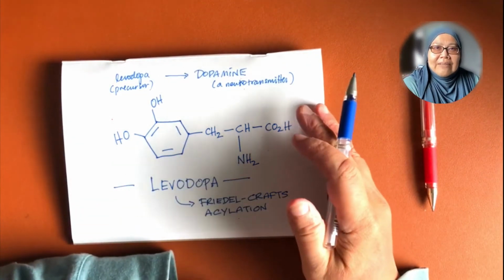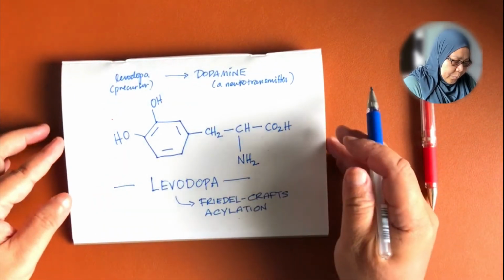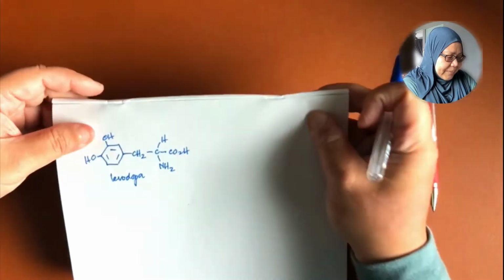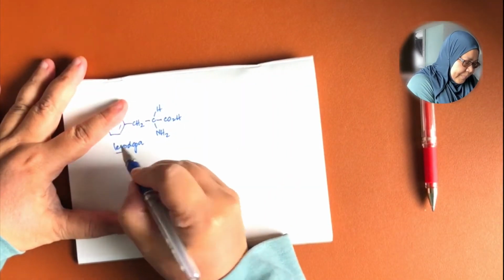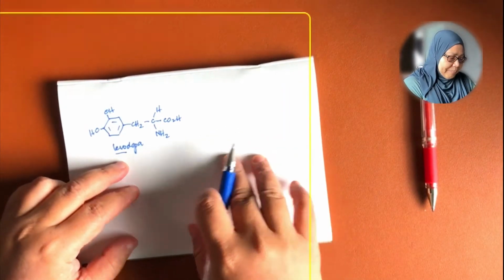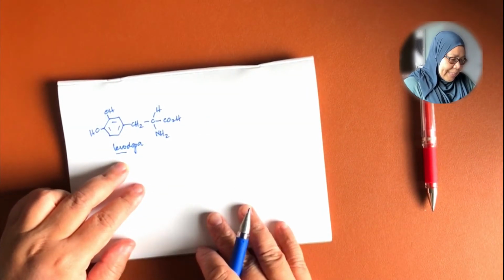So now let's have a look at the synthesis of levodopa. The name actually came from the L form of this drug. And what is the L form?